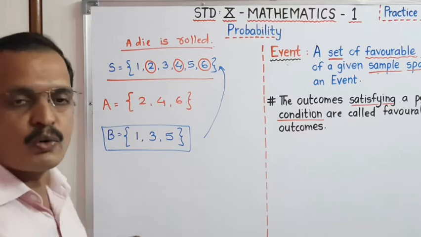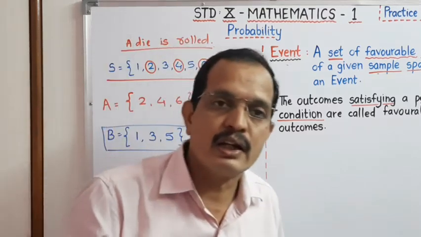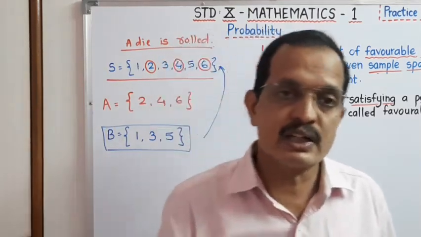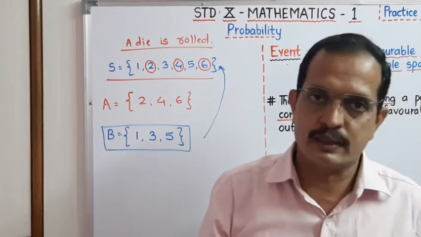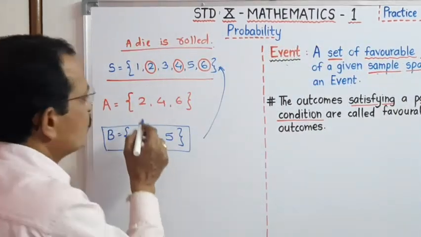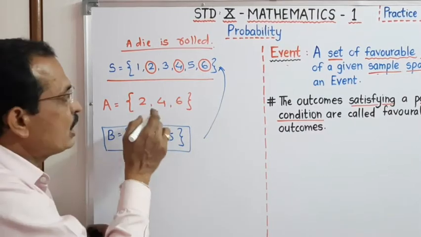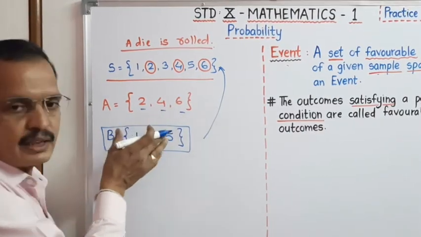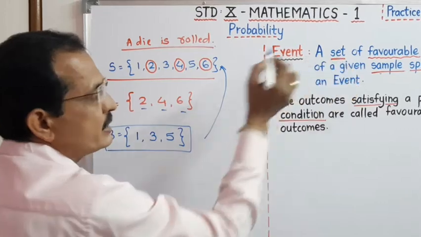Now all of you learned about sets in standard 9. Now observe these two events. Event A is 2, 4, 6. These are all the elements. This is a set. I have already told you that an event is a set.